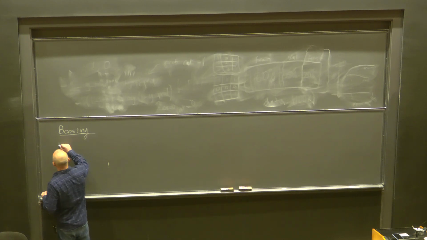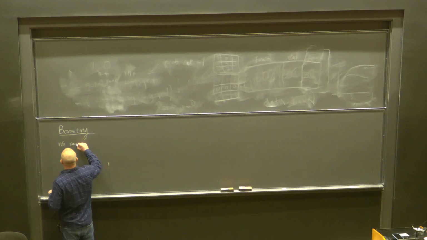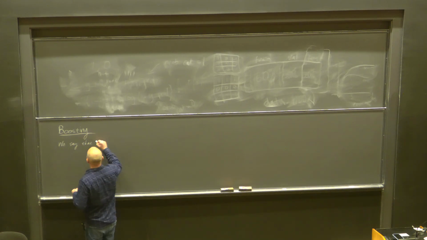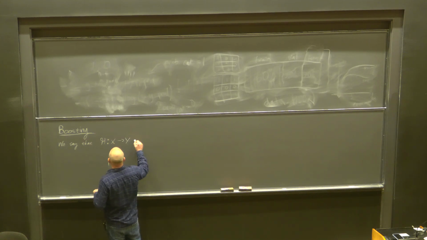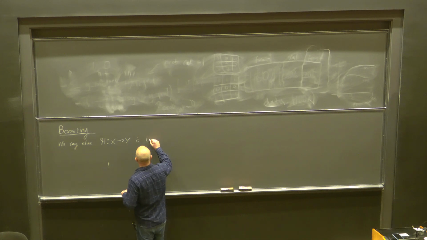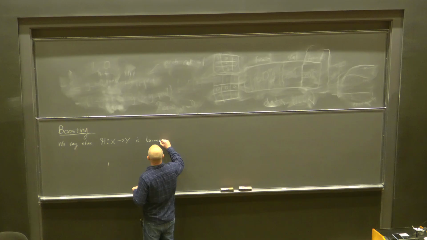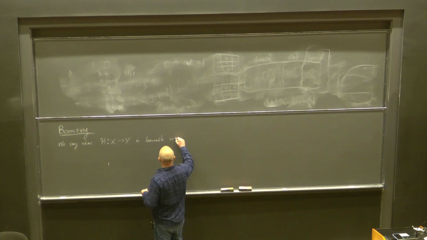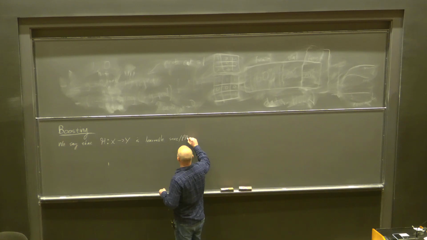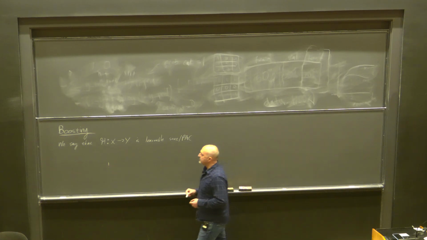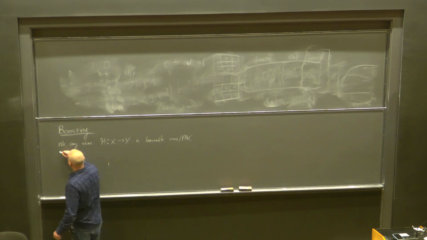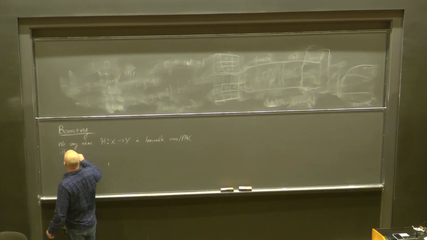So we say that a hypothesis class H from X to Y is learnable, and this is statistically or PAC, probably approximately correct, both are the same thing, if and only if we have the following.